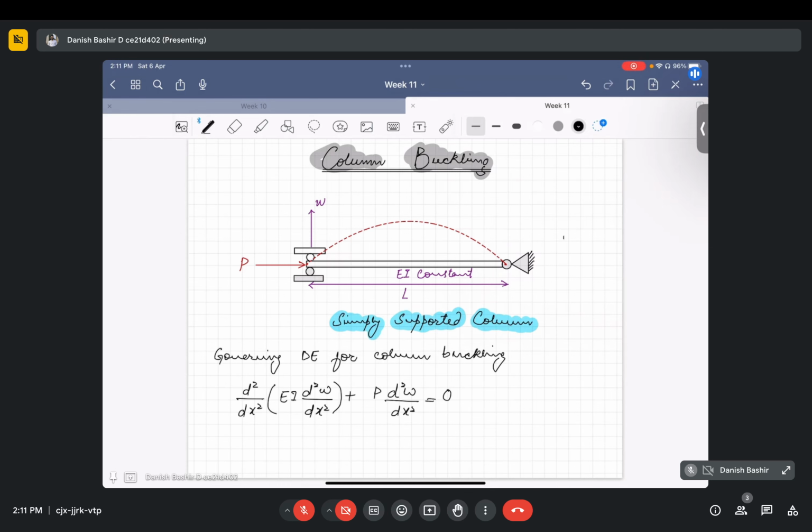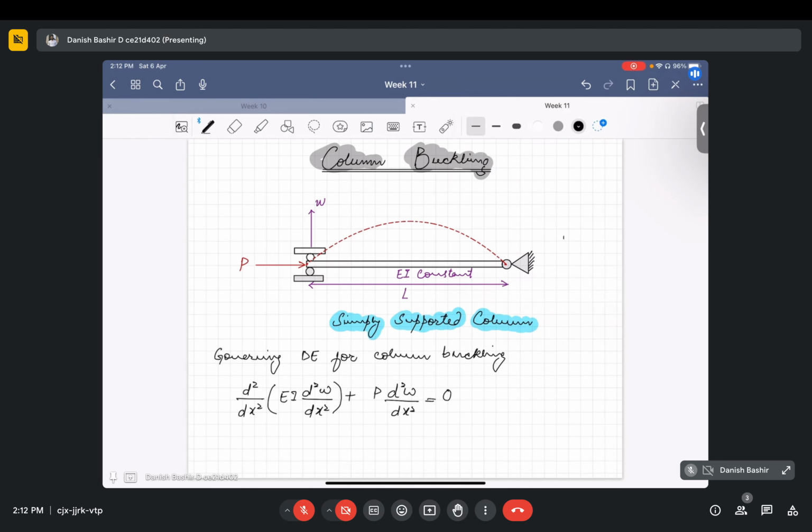I'm not going into the derivation of this differential equation because it has been derived from first principles, and it's very easy. You just have to consider the equilibrium of this column section and use the moment curvature relationship. We can easily get this equation.